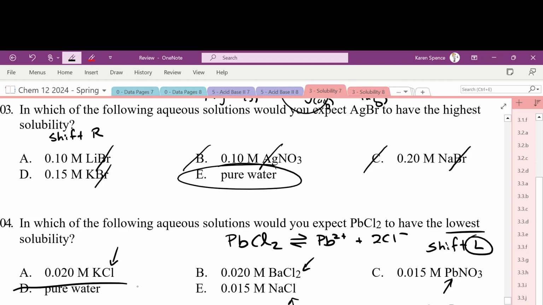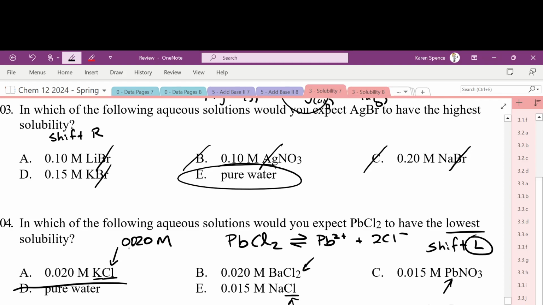Who's going to shift it to the left the most? That's going to be the one with the highest ion concentration. Concentration of chloride here, it's 1 to 1, so that's 0.20 molar. Concentration here, it's 1 to 1, so that's 0.015.